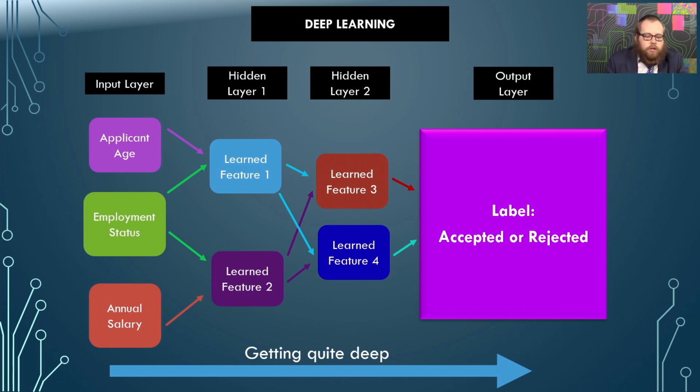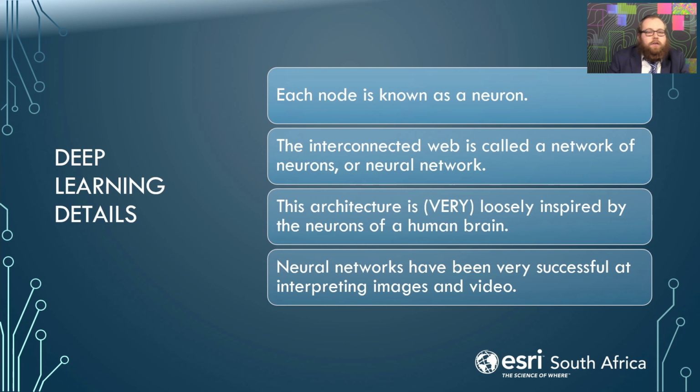Well, each of these features, each of these nodes is referred to as a neuron. And that interconnected web of neurons is called a network of neurons, or a neural network, or an artificial neural network. Now, the architecture of an artificial neural network is loosely inspired by the neurons of a human brain. But again, it's loosely inspired.